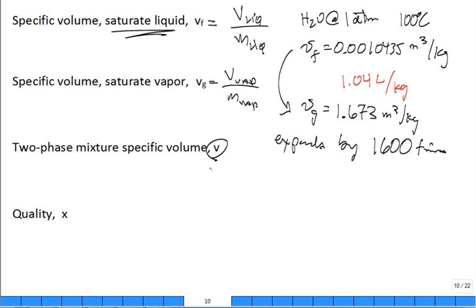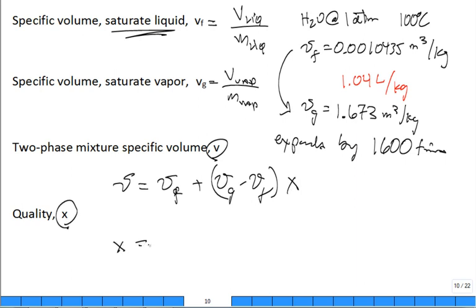Then we wanted to calculate that specific volume in the mixture: V sub F plus quality times (V sub G minus V sub F) is one equation to use. And again, what is that quality? Quality is the mass in liquid or vapor? Vapor divided by the mass liquid plus mass vapor in the two-phase mixture.